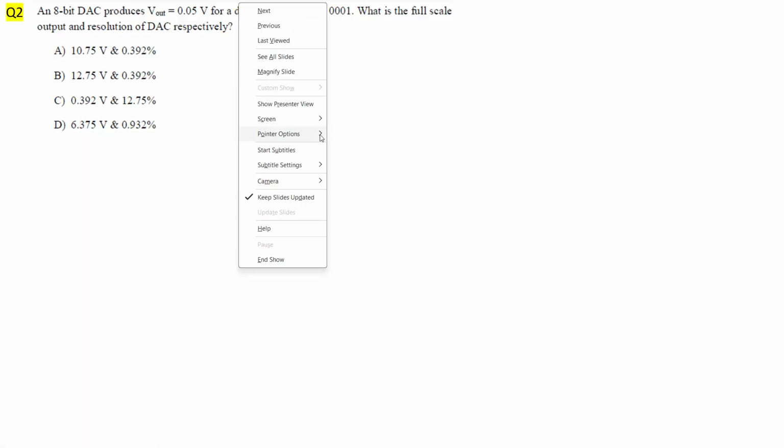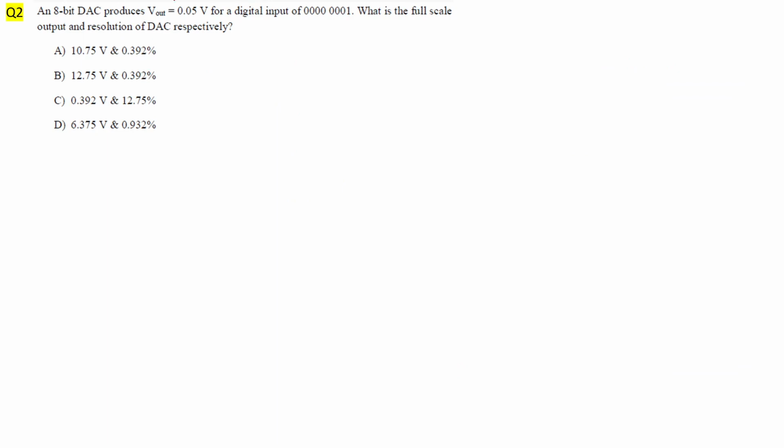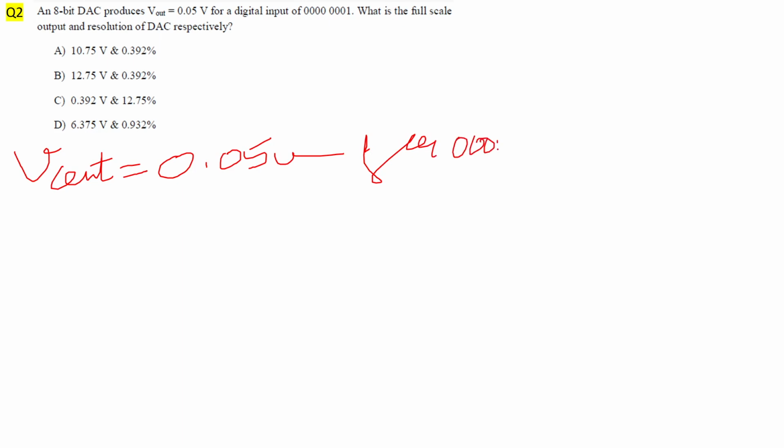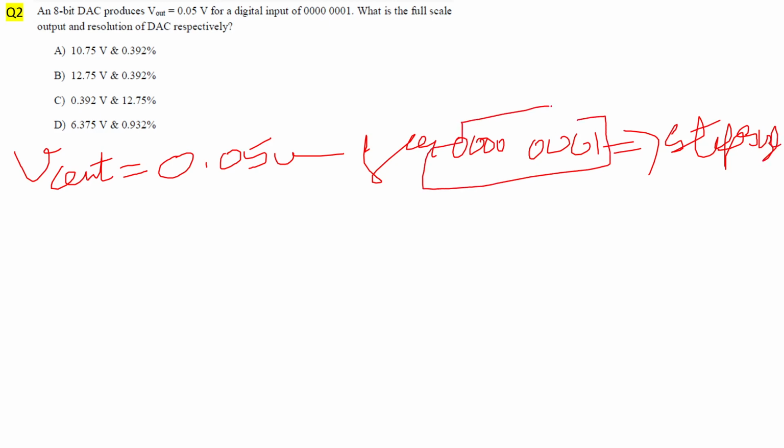When we say V out is equal to 0.05 volt for 00000001, this simply means this is the step size, right? Because it's the first, that is, the code for one.